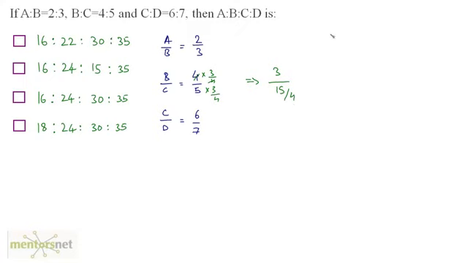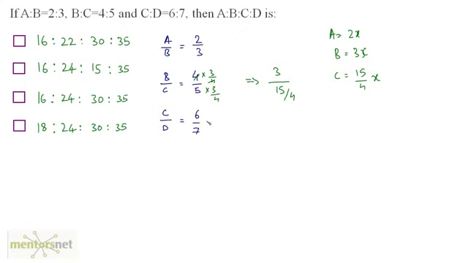Okay, now I can say that A is 2x and B is 3x. Now let us assume that C is 15 by 4x. Now I cannot say that C is 6x as well, because we have already assumed that C is 15 by 4x, and subsequently we cannot also calculate the value of D. So why not just make this 6 as 15 by 4?